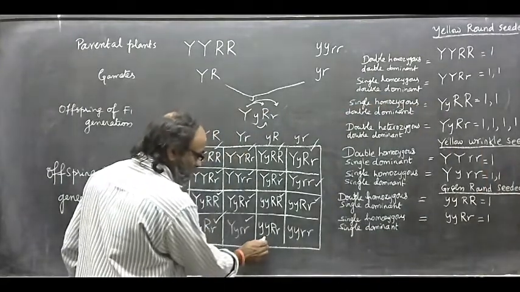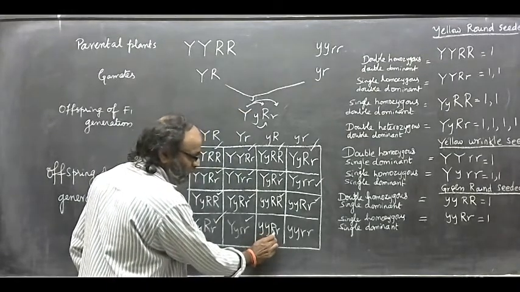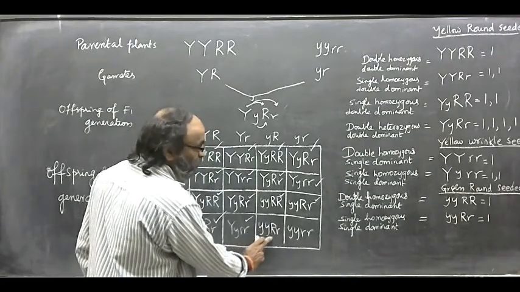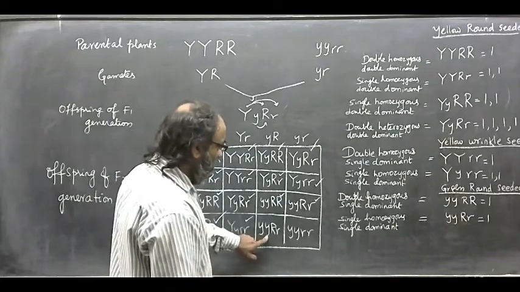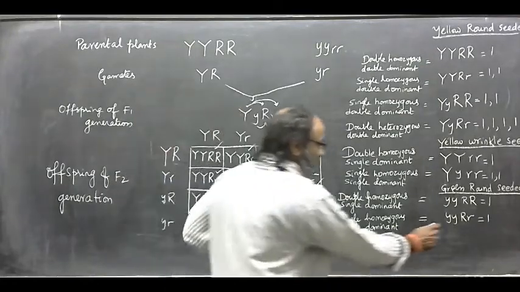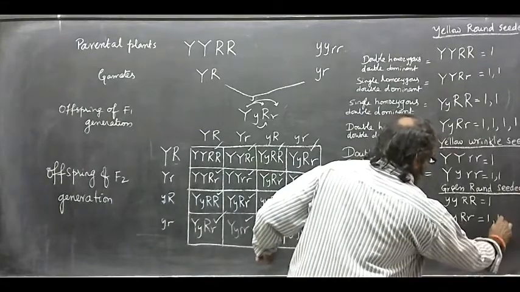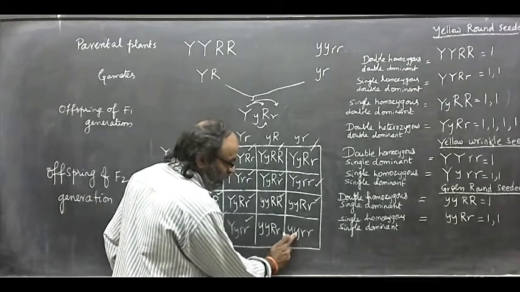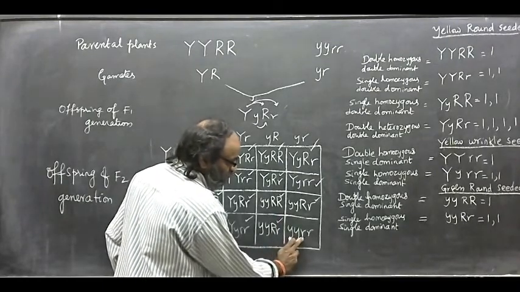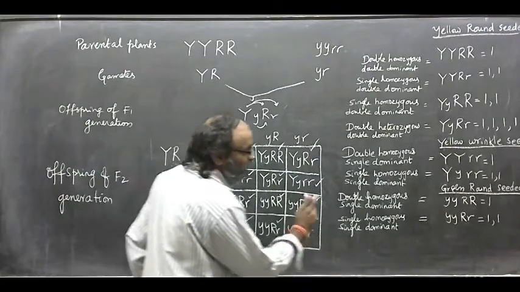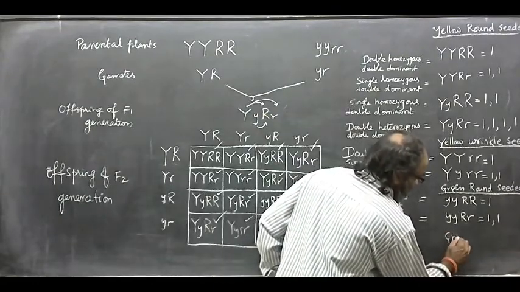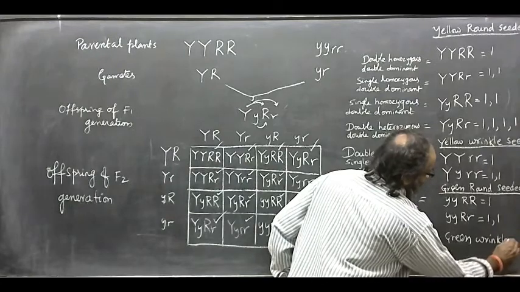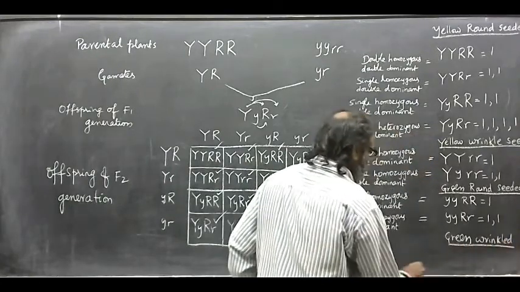Then the third case here is small y, capital R, small r. That is green round. And finally, it is small y, small y, small r, small r. That is green wrinkled. What is its genetic makeup?